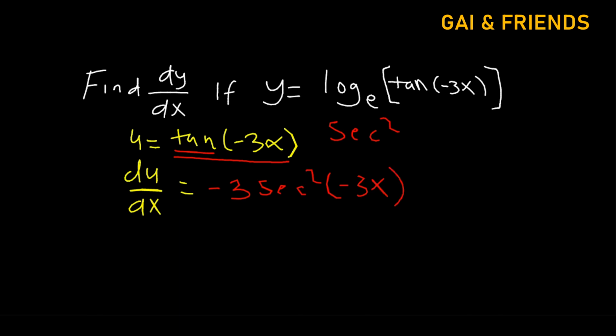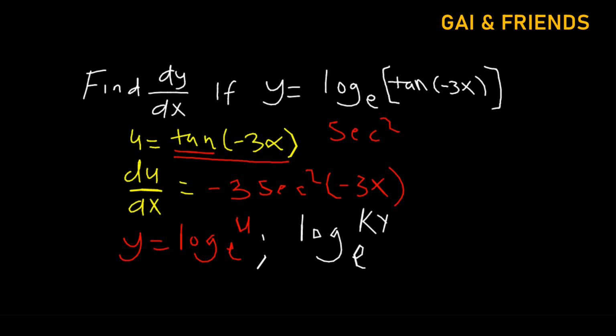Now let's say y is log e to the power of u, and we know that the derivative of log e of kx, k being a constant, is 1 out of x.